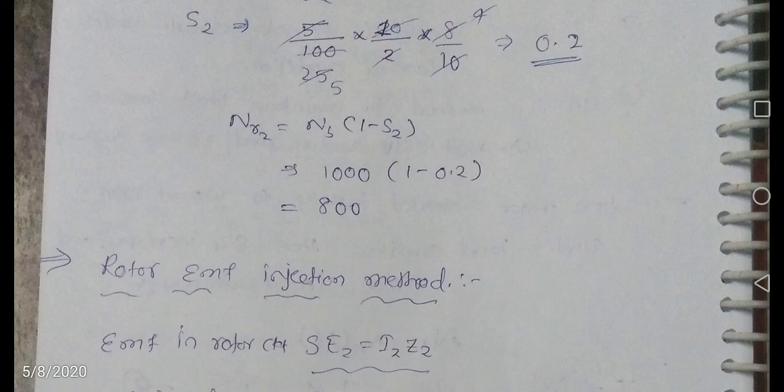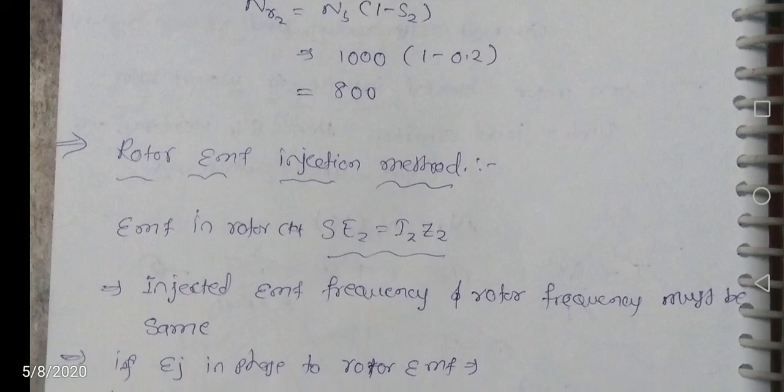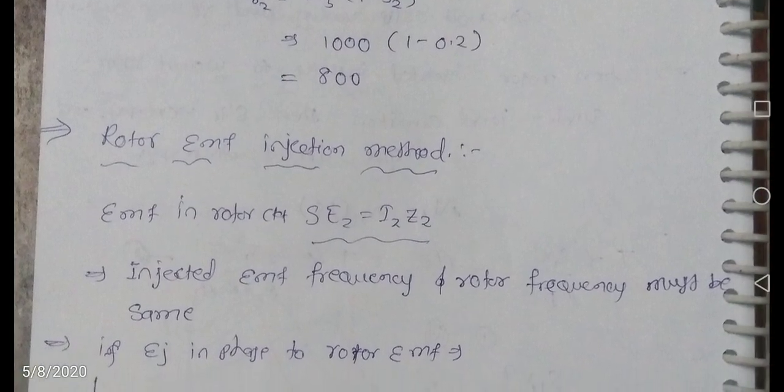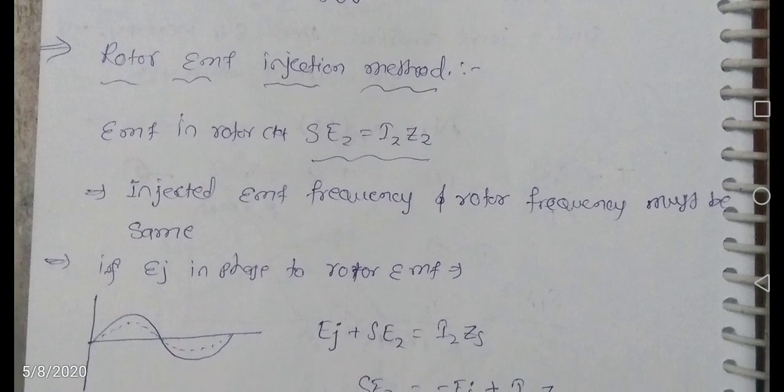So the next method is the EMF injection method, the rotor EMF injection method. In the rotor EMF injection method, the EMF in the rotor circuit S E2 equal to I2 Z2. The injected EMF frequency and rotor frequency must be the same. That is, Ej is in phase with the rotor EMF. Ej plus S E2 equal to I2 Zs.